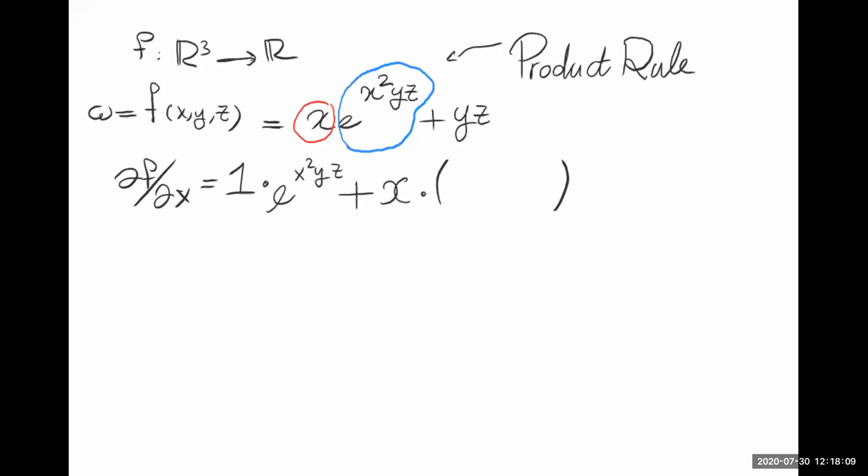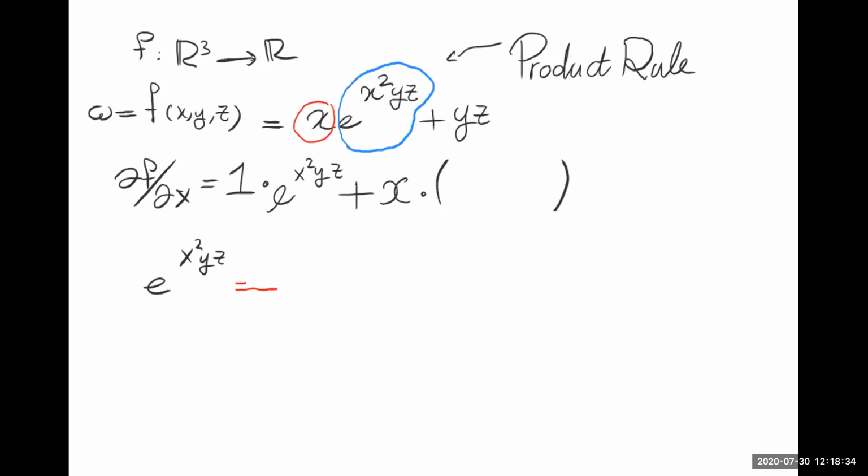Now, what is the derivative of e to the x squared yz? Both y and z are constants now, because I'm taking the derivative with respect to x, so I am assuming the other variables, y and z, are just constant numbers.